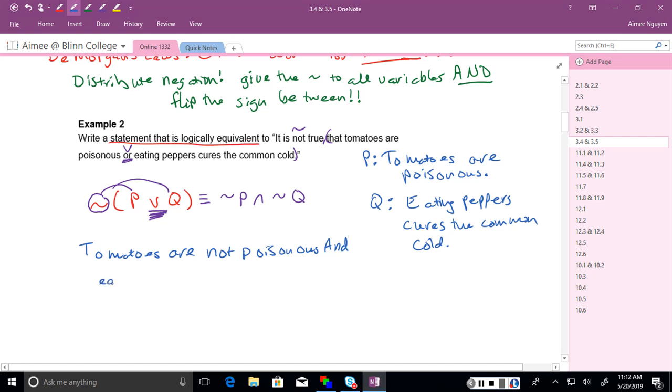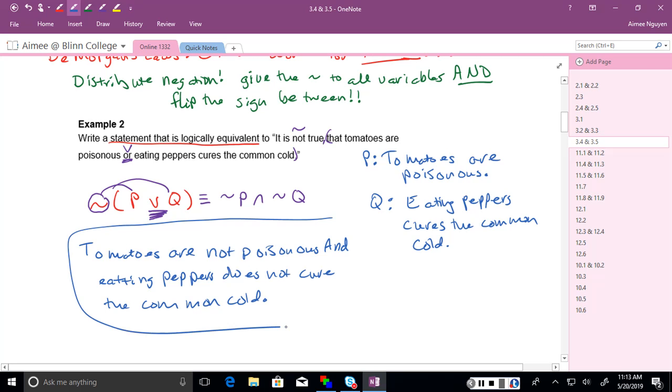So eating peppers does not cure the common cold. So these two statements are logically equivalent. They have the same truth values, right? They may not really sound the same when we hear them in the English language, but if we look at what they actually mean and their truth values, they have the same basic meaning.